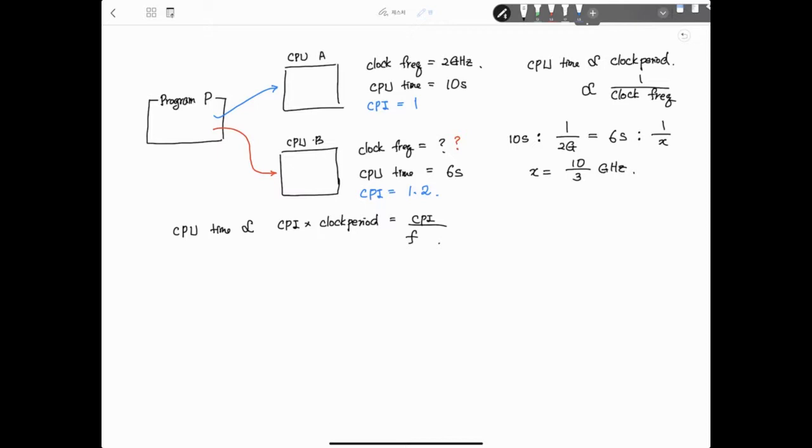So it was 10 seconds and CPI was 1, and then 6 seconds and X and CPI is 1.2. So X is, how can you compute?